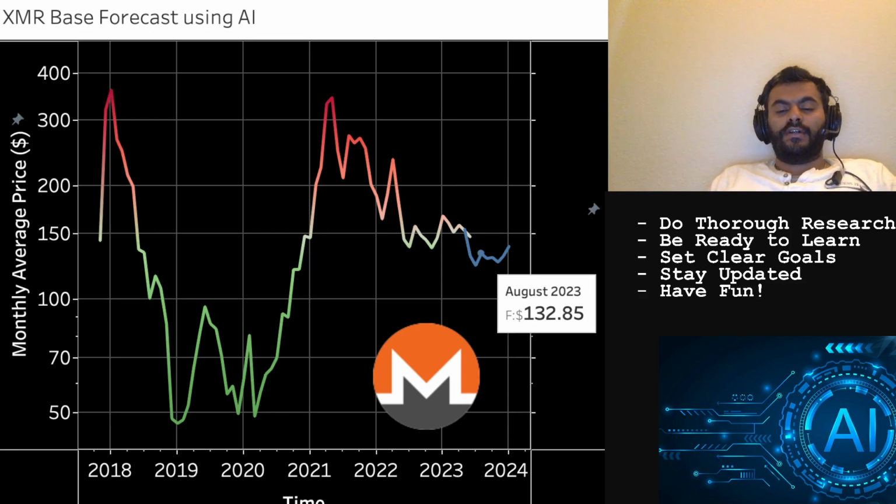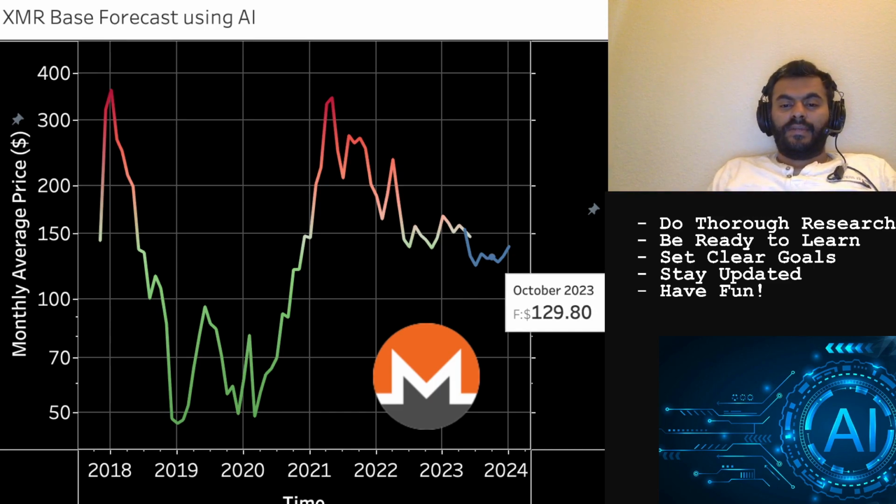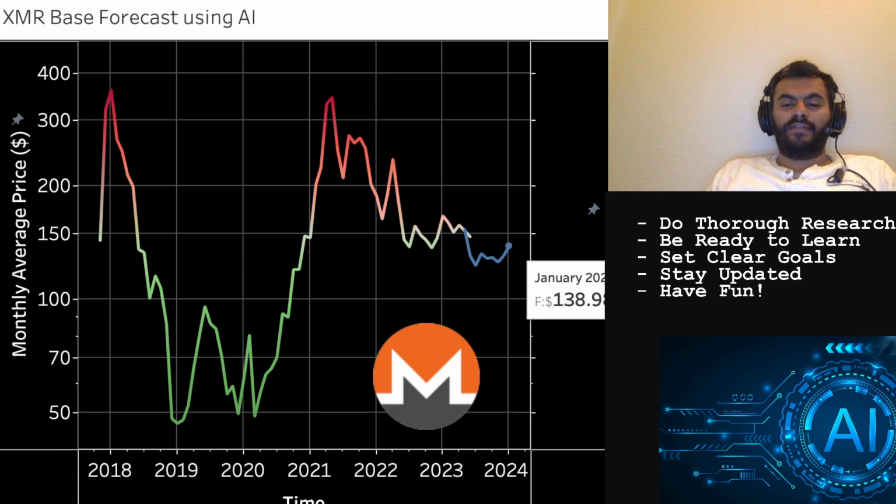In August, the monthly average forecast is at 132. For September it's almost 129, for October almost 130, for November 126, for December 131, and for January almost 139 US dollars.